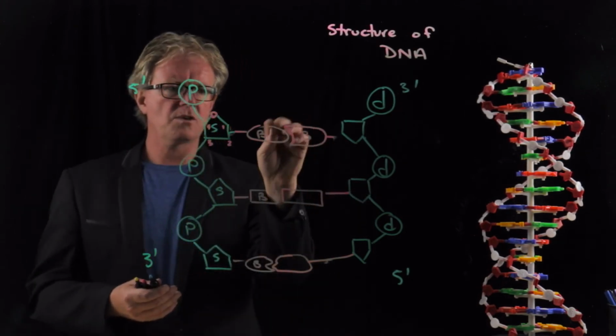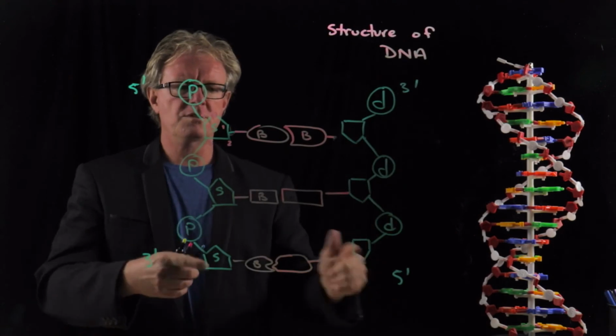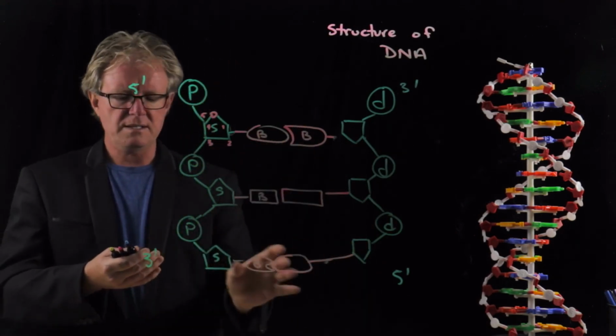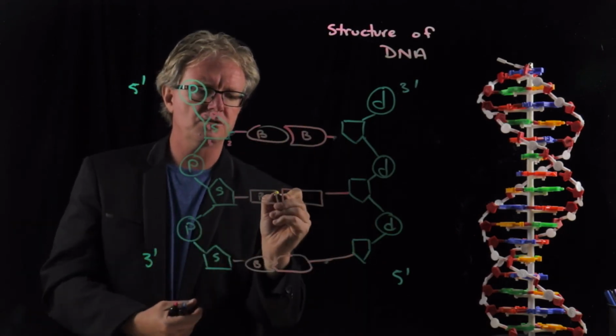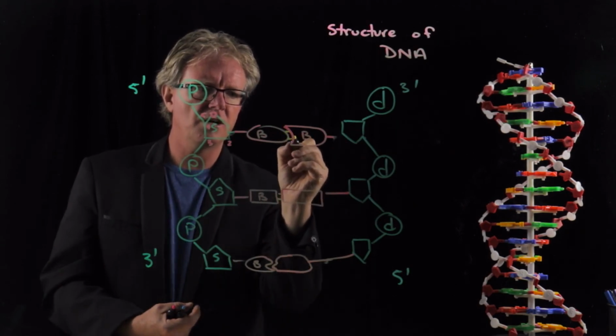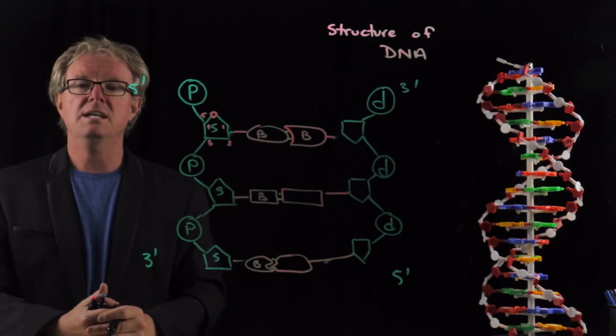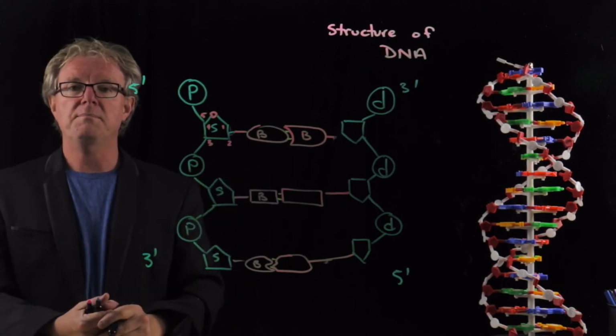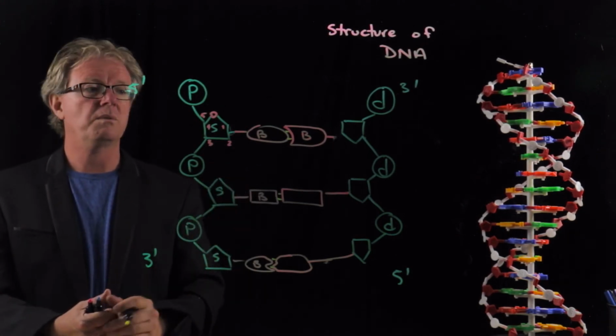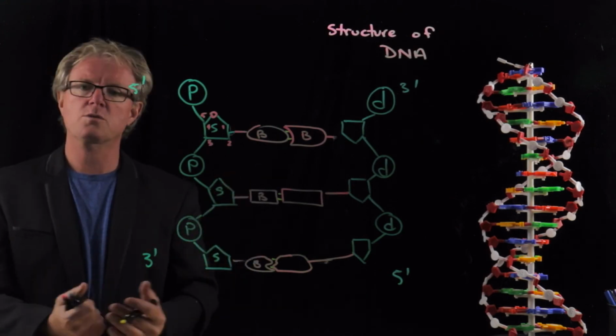So we can see here that we've got a ladder structure. We've got our phosphate backbones, and these bases here will bond via hydrogen bonds. The hydrogen bonds hold those two together. So that's the basic structure of DNA. Hopefully that makes sense, and I'll see you in another video when we get a little bit more structure and talk about genes, chromosomes, etc.